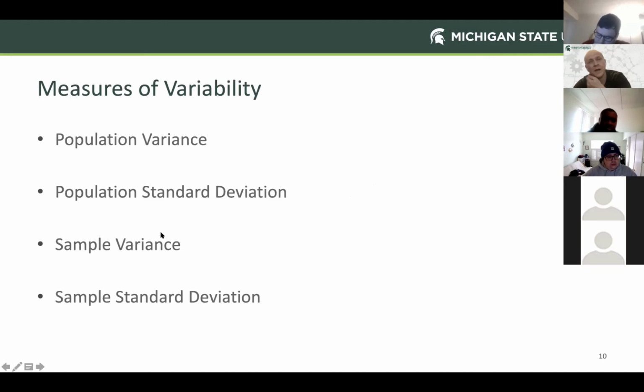In addition to having a sense of where those data are centered or what the best representative value is, we're also very interested in knowing how much variability we would expect to see within those respective data sets, okay? And so to that end, we're interested in the population and sample variance or standard deviation, okay?